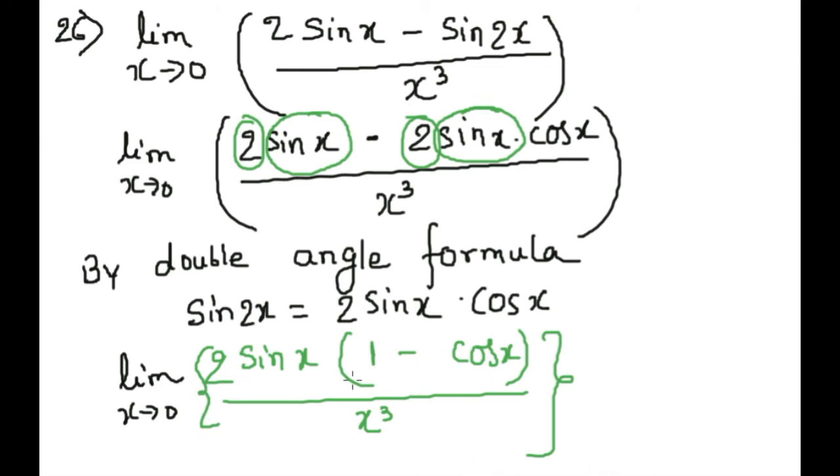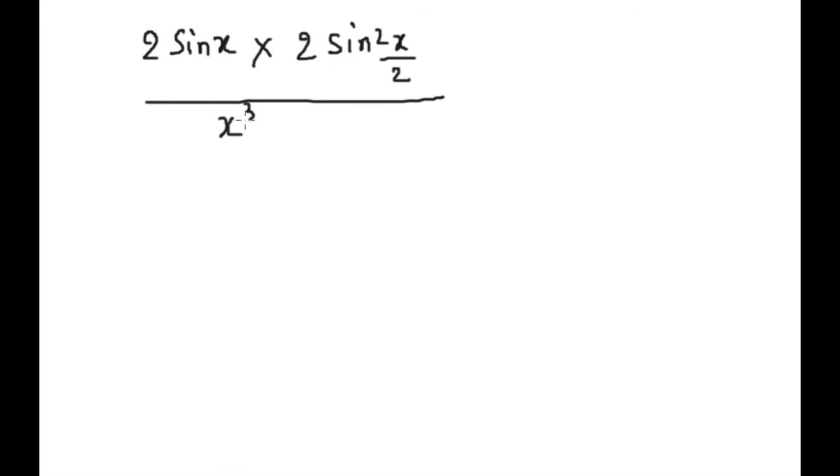From half angle formula, we can write 1 minus cos x is equal to 2 sine square x by 2. So here we will write 2 sine x into 2 sine square x by 2 by x cube.